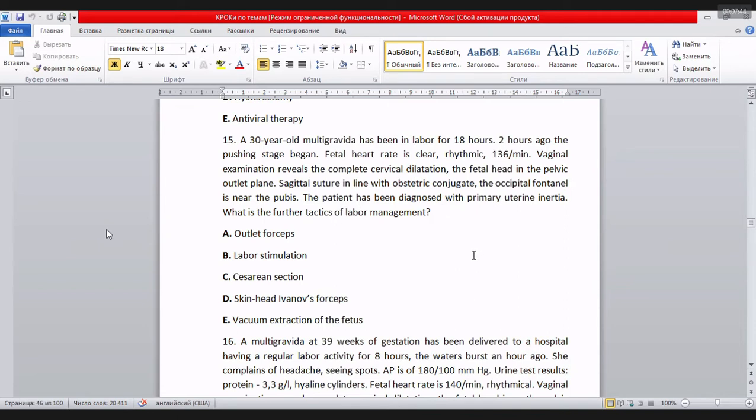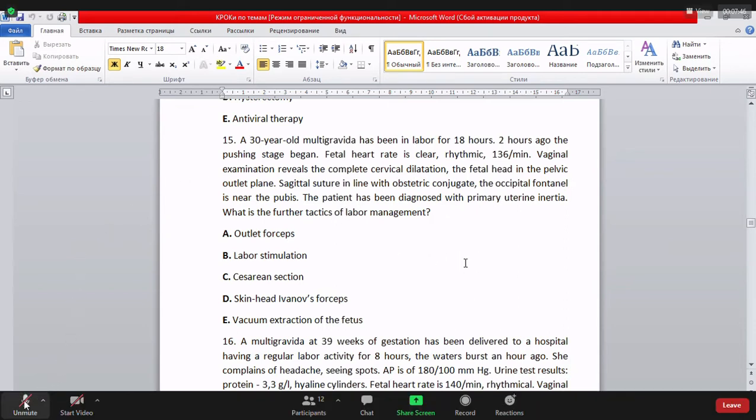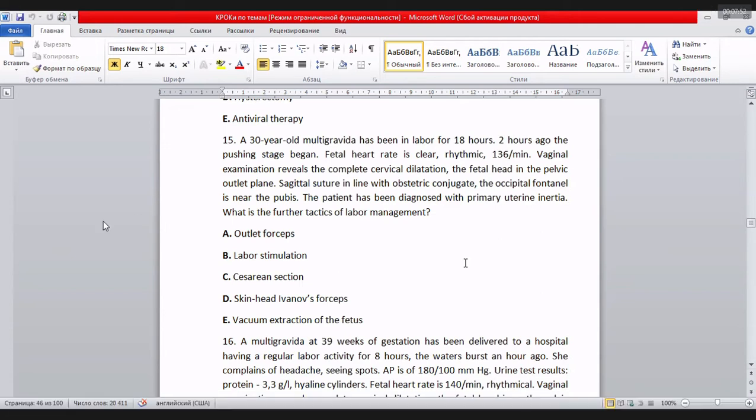If she has primary uterine inertia, guys, I told you that in this test it is really a mistake. I don't agree with this. It can confuse you, but they think that primary uterine inertia is inertia from the very beginning of labor.